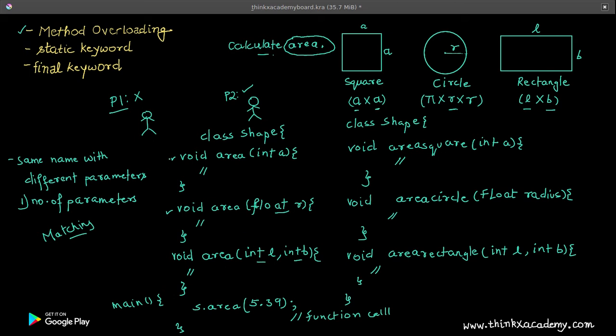So there are two different functions, but they have the same number of parameters, which is 1. So how will the compiler distinguish between these two functions? Then the answer is that it will match it using the data type of the parameters.